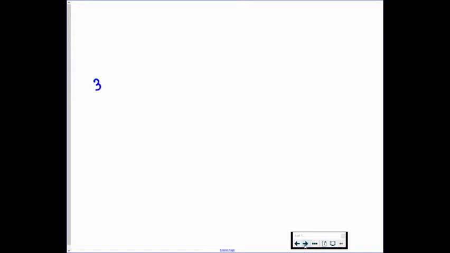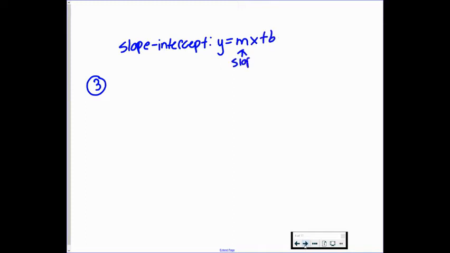On questions 3 through 4, it asks us to write the equation of the line in slope-intercept form. Slope-intercept form is the equation y equals mx plus b, where m is the slope and b is the y-intercept. That's why it's called slope-intercept form, because it uses slope and intercept.